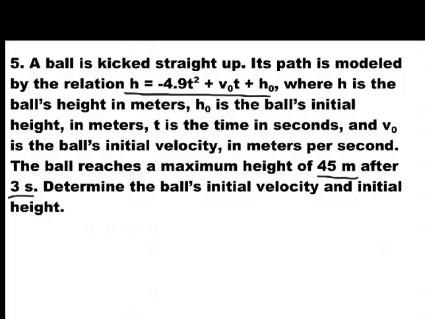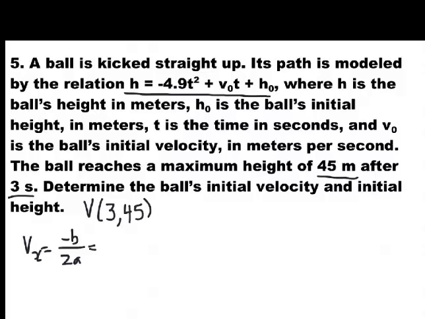We are supposed to find the ball's initial velocity and initial height. We know that the vertex given in the problem is (3, 45), because after 3 seconds it reaches the maximum height. Based on the previous videos, the x coordinate of the vertex is minus b over 2a.